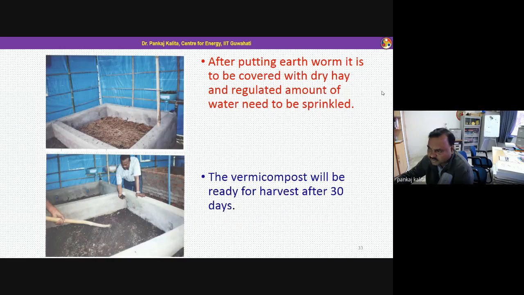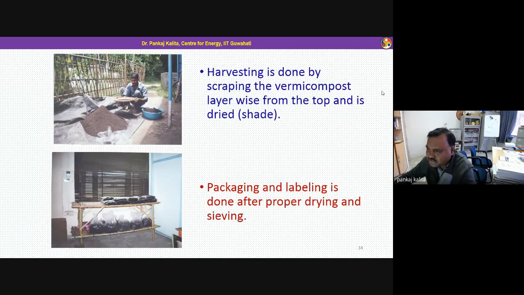After putting in the earthworms, it is covered with dry hay and the amount of water sprinkled is regulated. This is very important because moisture needs to be maintained. Vermicompost will be ready for harvest after 30 days. Then harvesting, screening and packaging are done, and labeling can be done based on the farm size and farm name.